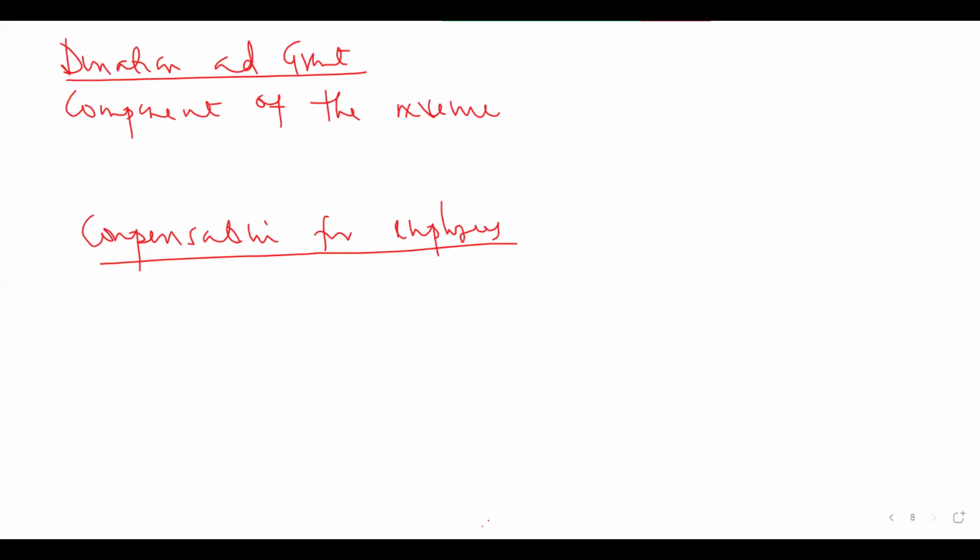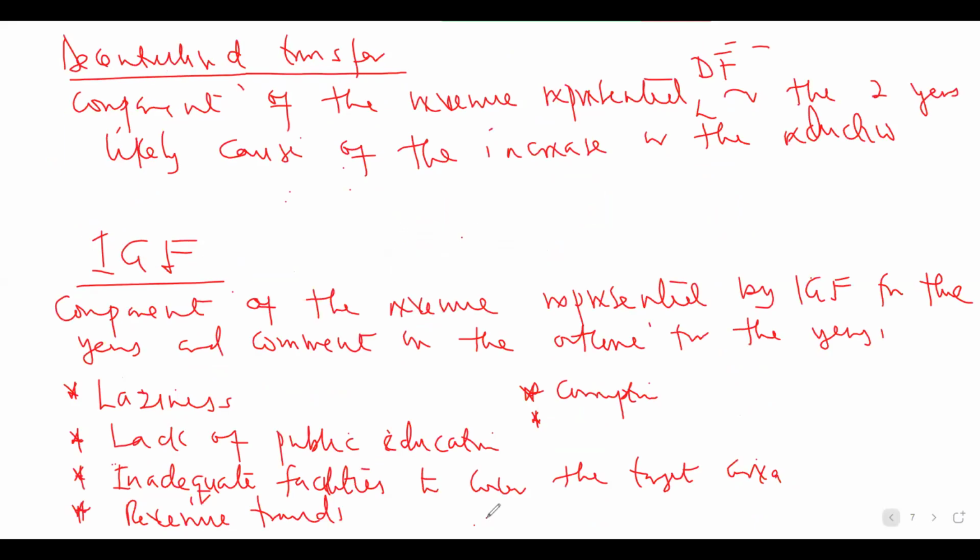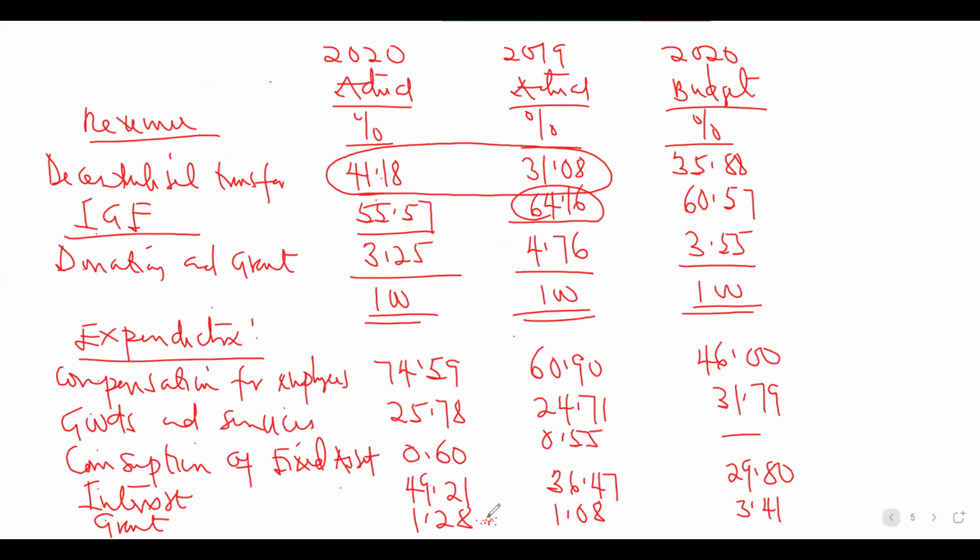Okay. So let's come to the compensation for employees. Compensation for employees seems to be the highest percentage of expenditure of the district assembly in the current year, as compared to the previous year.